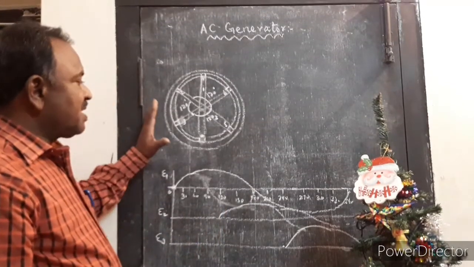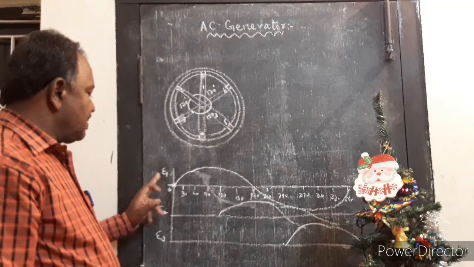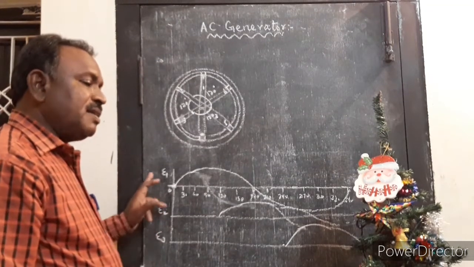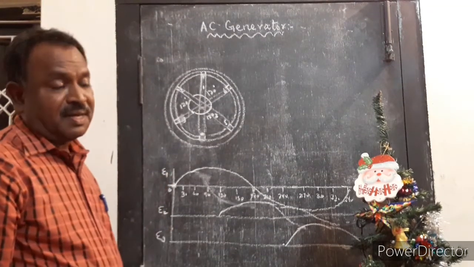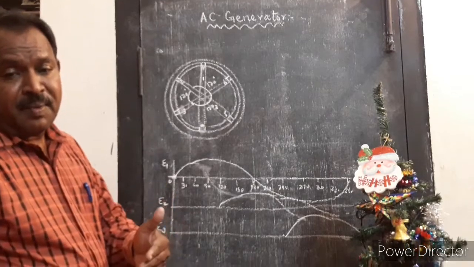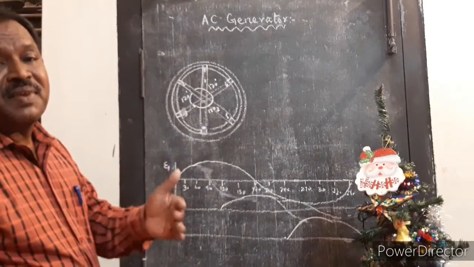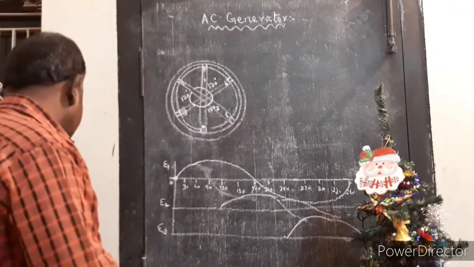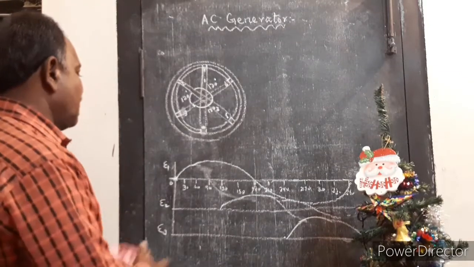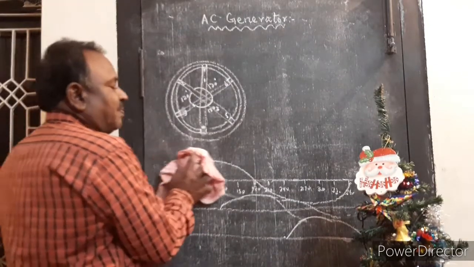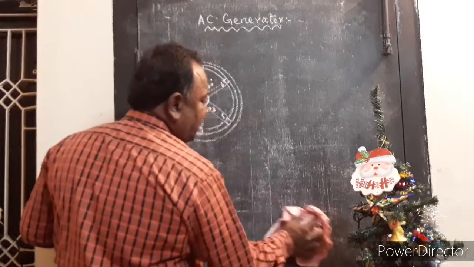Such a generator that produces 3 EMFs and each EMF differs from each other by 120 degree is called a 3-phase AC generator.